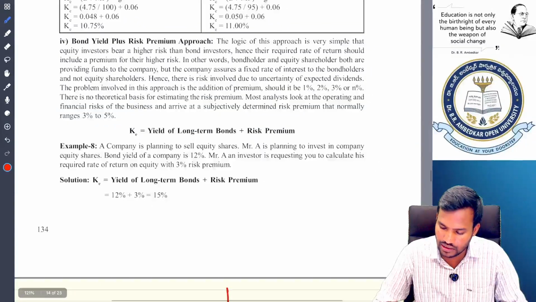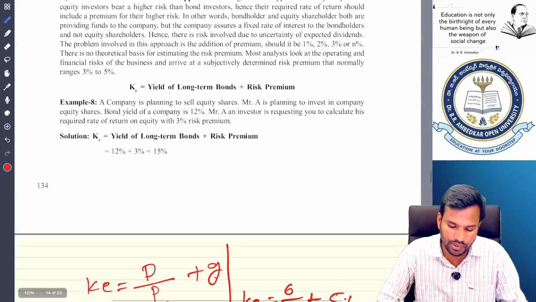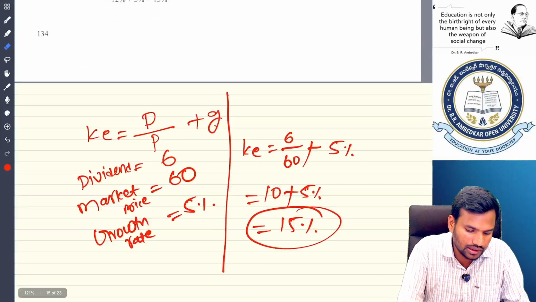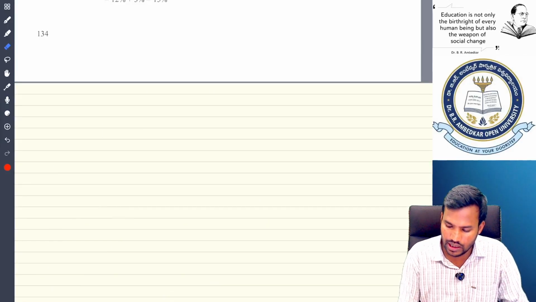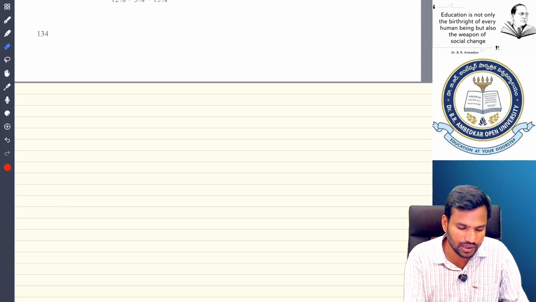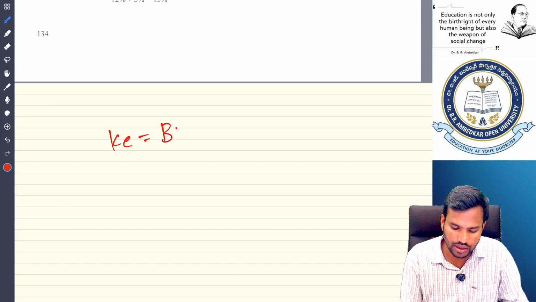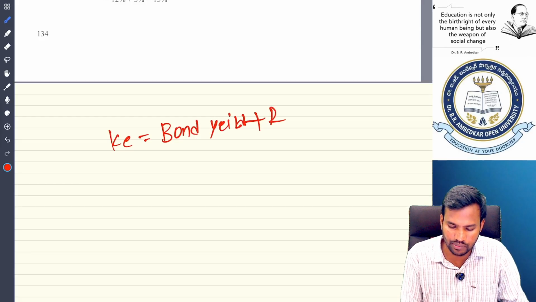And next, bond yield plus risk premium, also we can calculate by following one formula. Bond rate and KE, cost of equity, under this model is equal to bond yield plus risk premium.